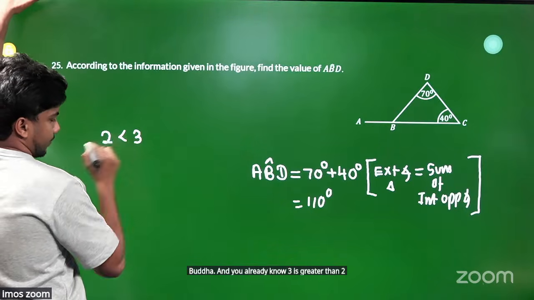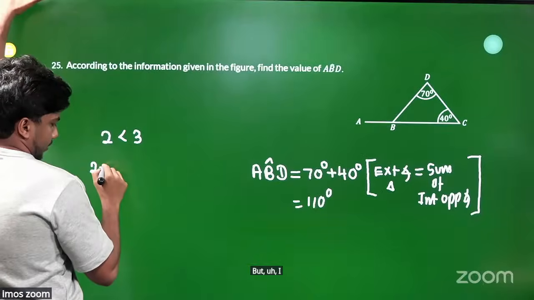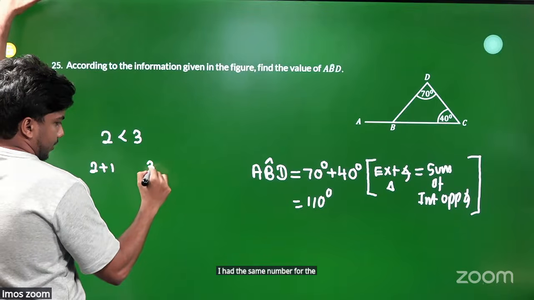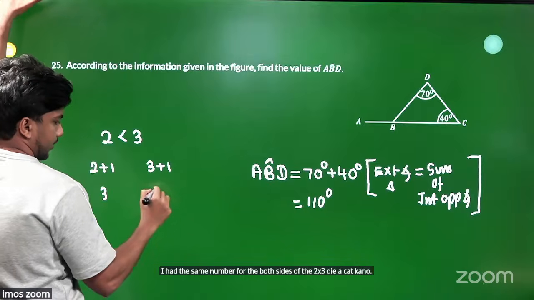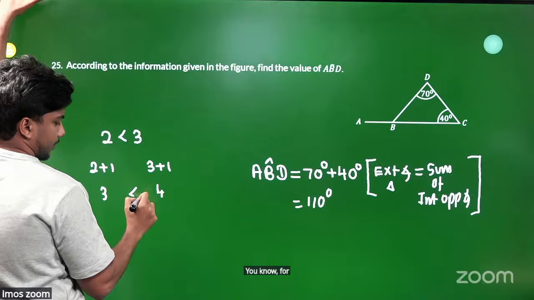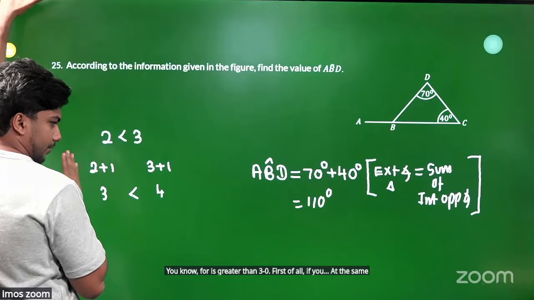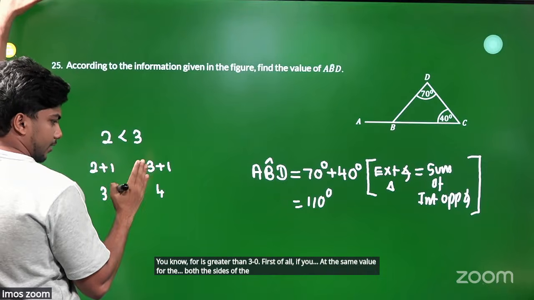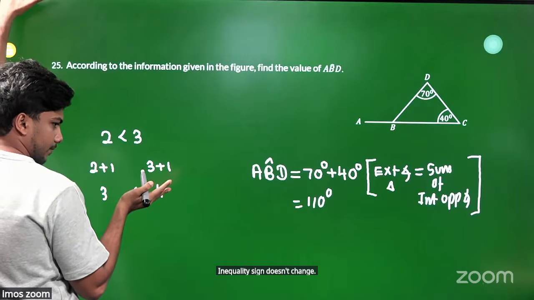Now if we add the same number to both sides, here it is 3, here it is 4. You know 4 is greater than 3. First law: if you add the same value to both sides of the inequality, the inequality sign doesn't change. Okay?